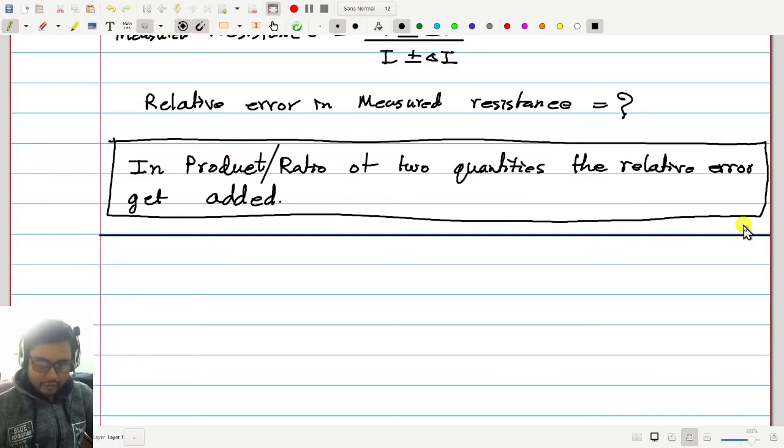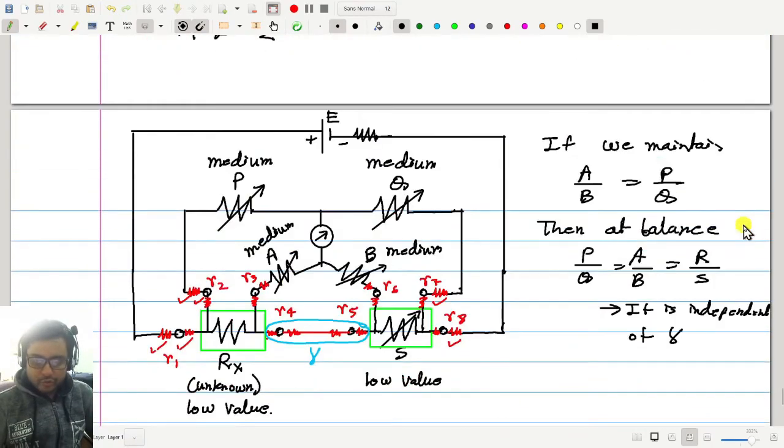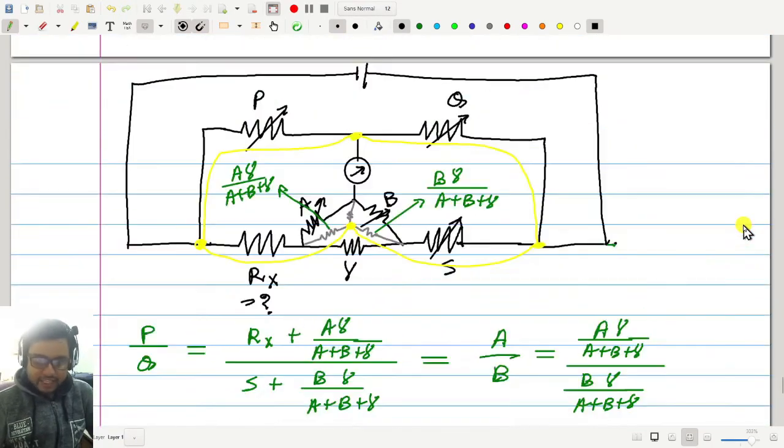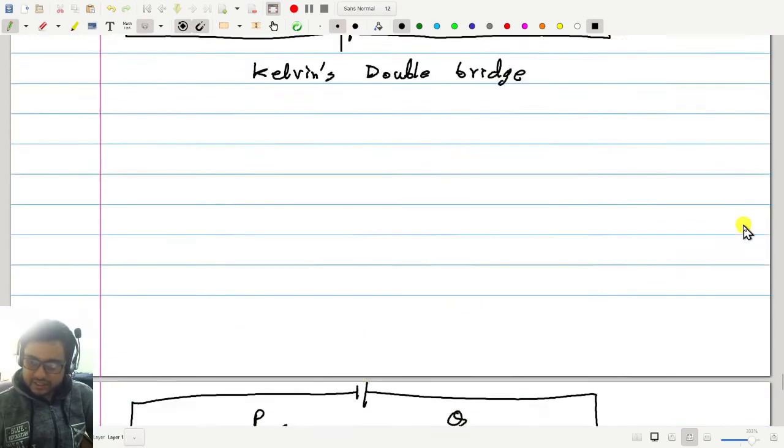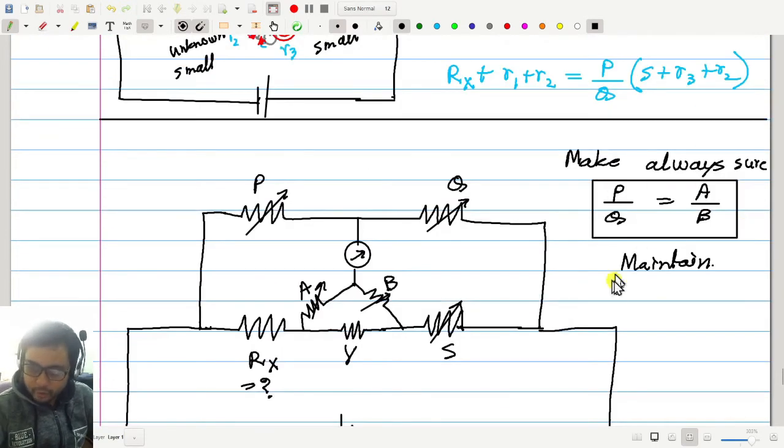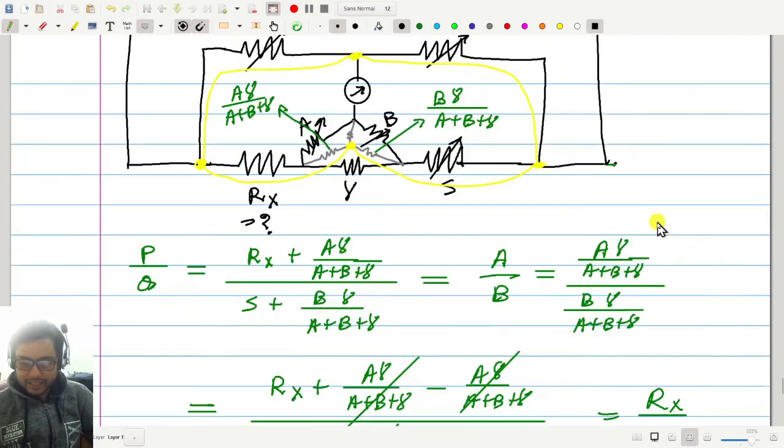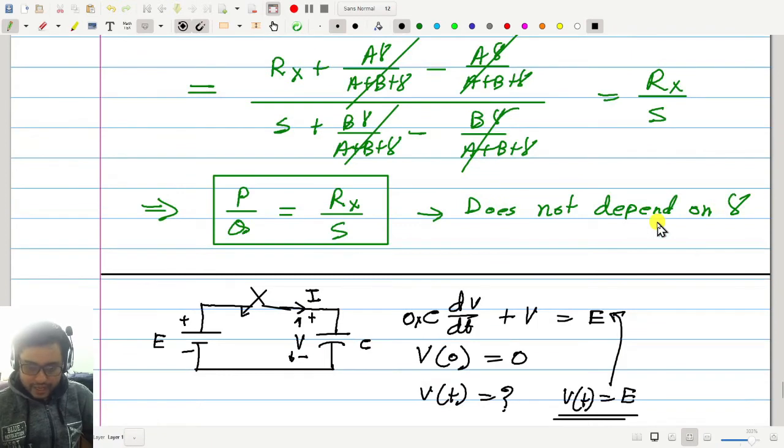No, when we do the experiment with this bridge, I have said that we have to maintain this. So if you vary P or Q or A or B, vary all of them in such a way that these two ratios are always equal. Why? Because if we maintain this, then in the balance equation we saw that the balance equation does not depend on gamma.